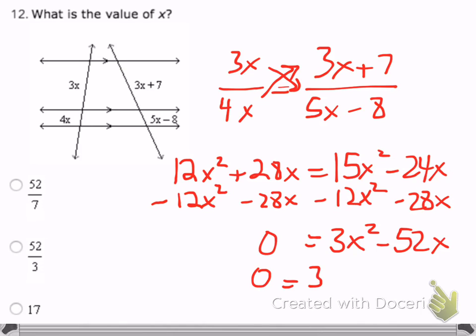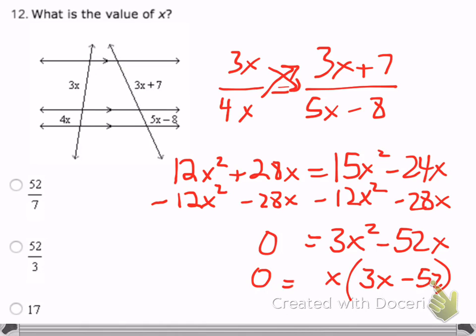On the left, we can factor out a 3x as a GCF, and that's going to give us x minus... we can't factor out a 3x, we can only factor out an x. 52 is not divisible by 3. So that will give us x times 3x minus 52.